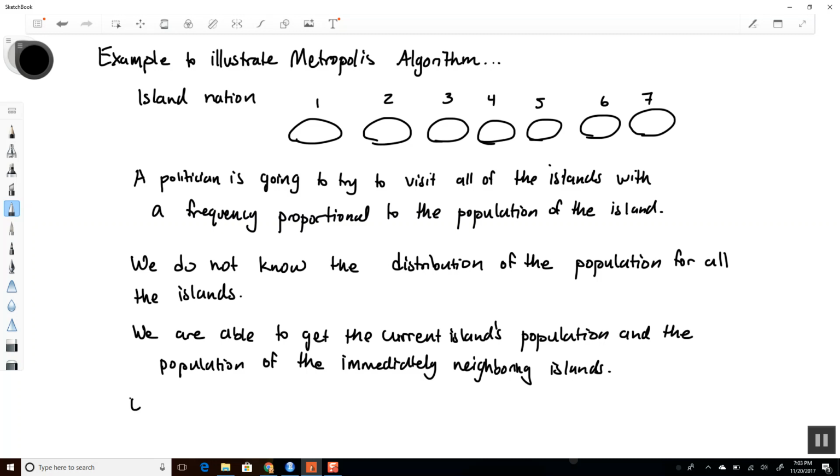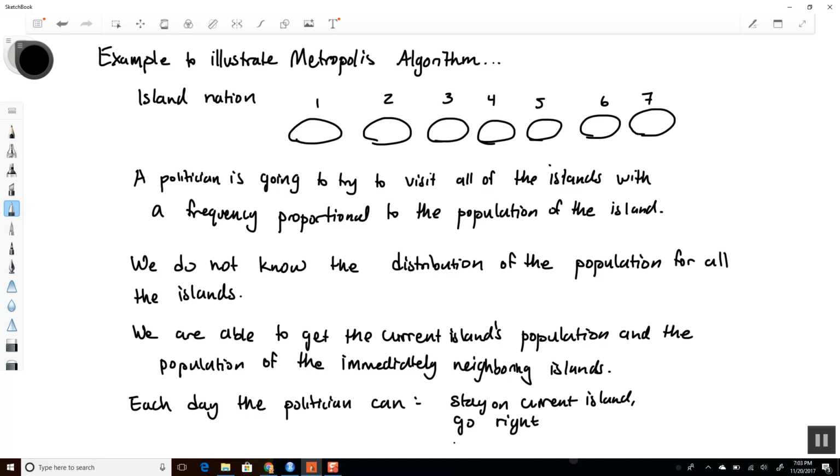Okay, so each day the politician can stay on the current island, go right, or go left. Is that okay?